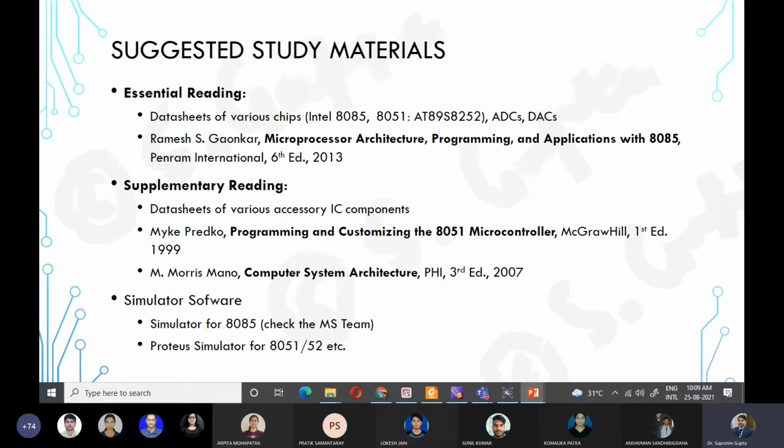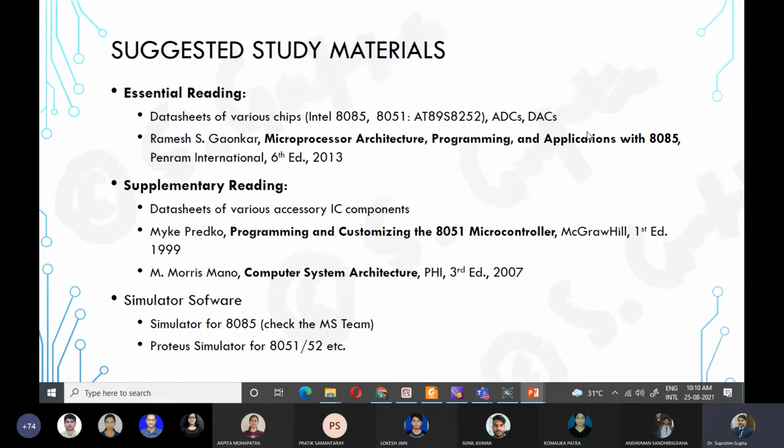Then ADCs and DACs. Apart from that, you can also follow the book by Ramesh Gaonkar, Microprocessor Architecture, Programming and Applications with 8085, which is very good for basic learning on the 8085.